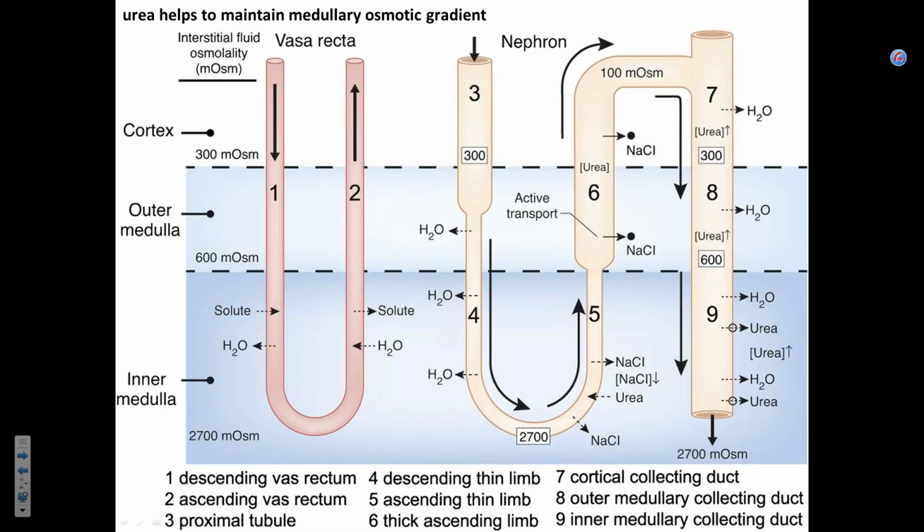Now, urea. How does it help? Okay, why do we need urea? So if you would take kidneys and look at the concentration of urea in the kidneys, you will see that it progressively increases as you descend deep in the medulla.